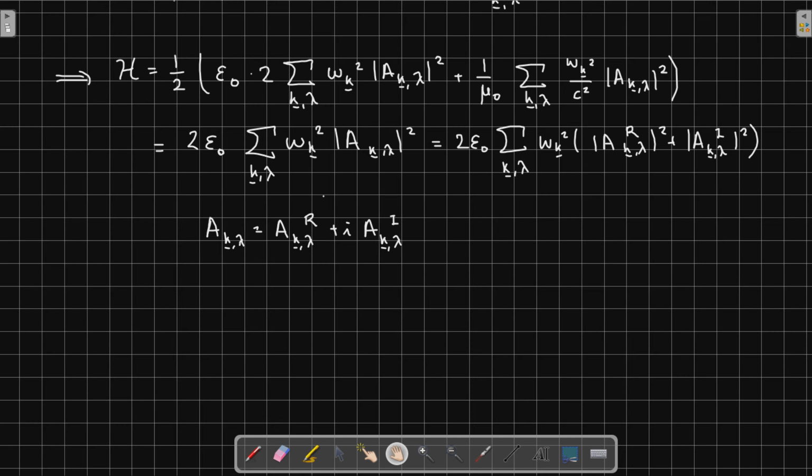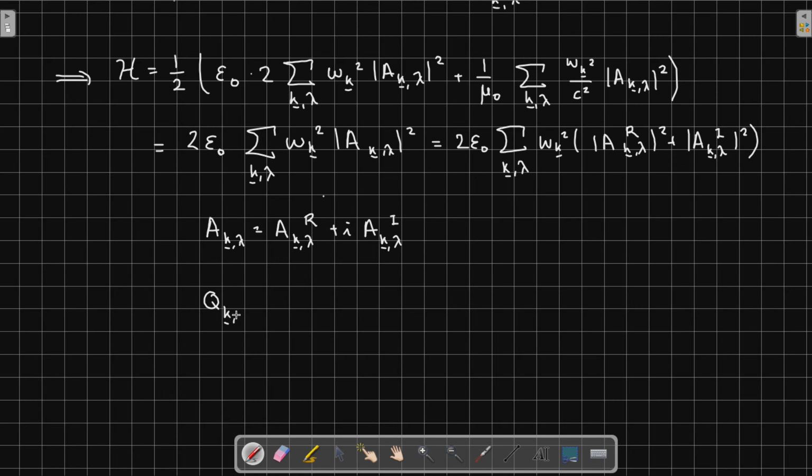And indeed, one can very easily prove that there are two sets of conjugate variables, right?